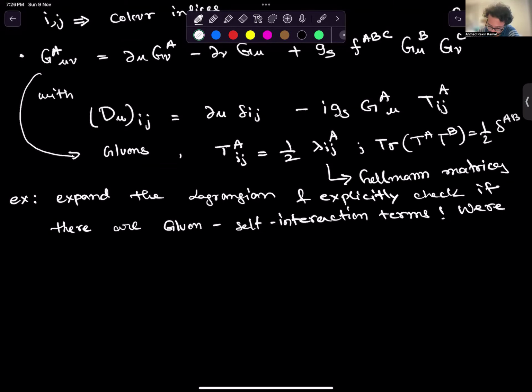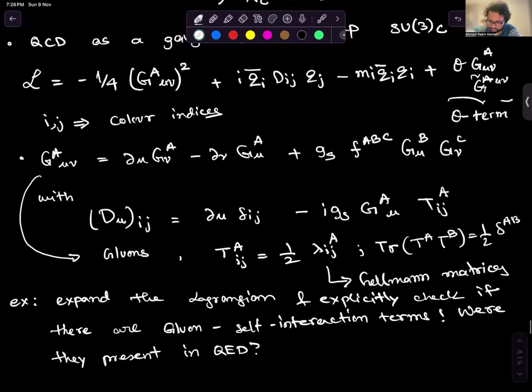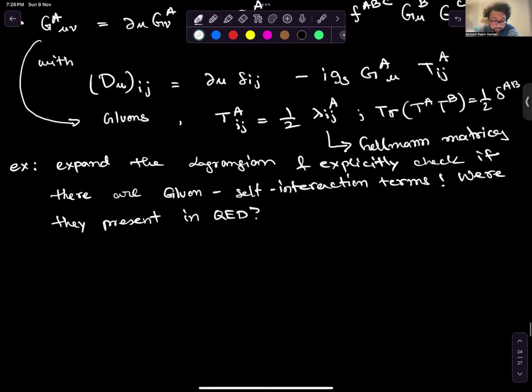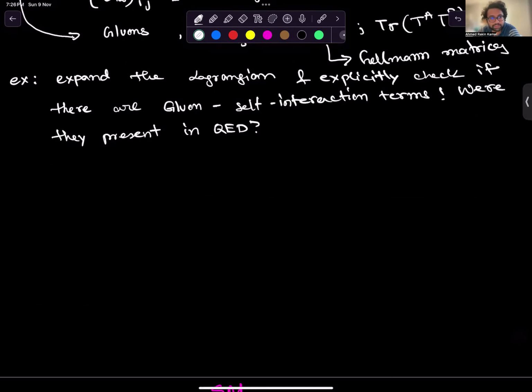Were they present in QED? So you can ask this question and check that out. Just expand the Lagrangian and you will see many interesting things popping up. Interesting interaction terms, actually.